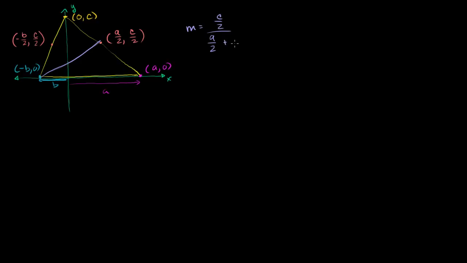To make the math simple, I'll write plus 2b over 2, so they have the same denominator. Adding b is the same thing as adding 2b over 2. Multiplying the numerator and denominator both by 2, the slope is equal to c over a plus 2b.